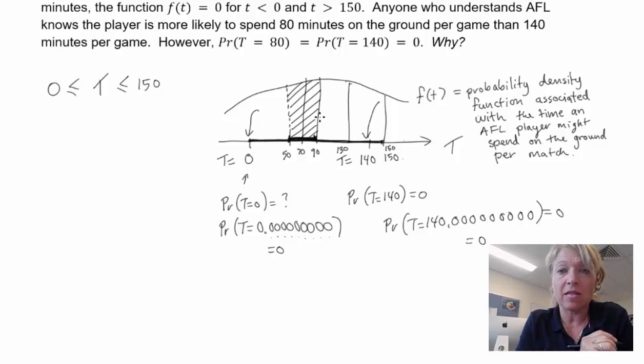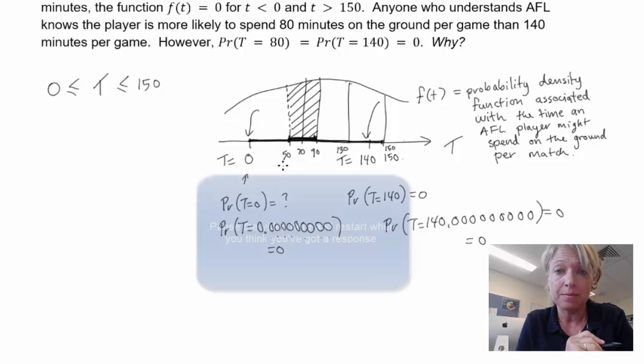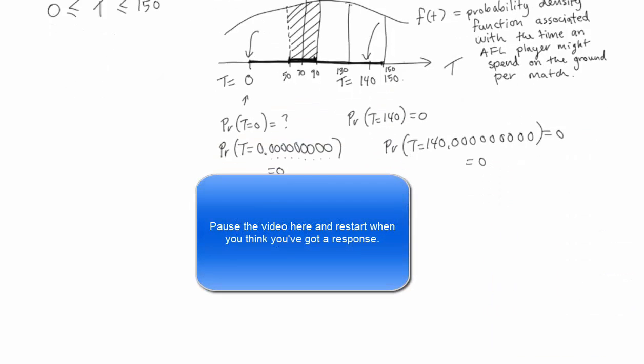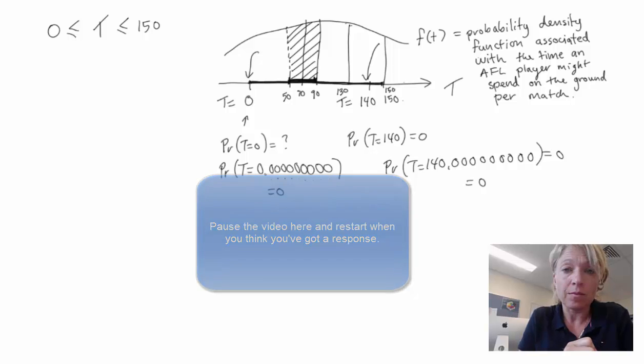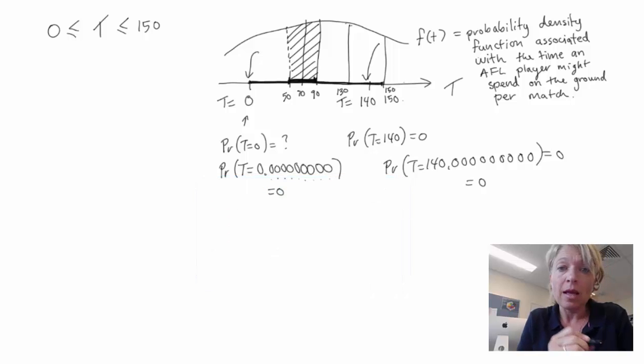Applying the mathematics that you have learned in calculus, pause the video and think: how might you calculate the area under the probability density function over the interval t between 50 and 90 minutes? The answer is you would integrate.